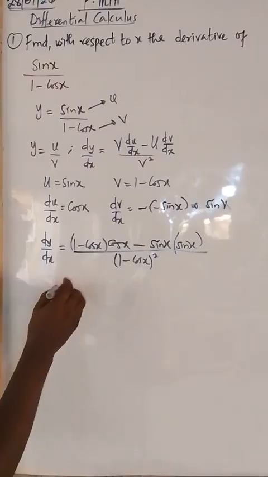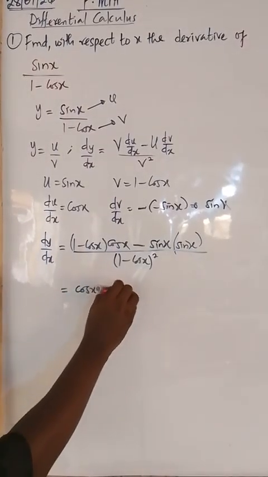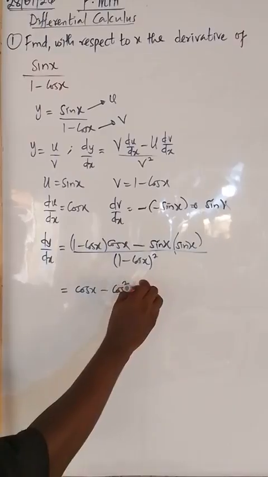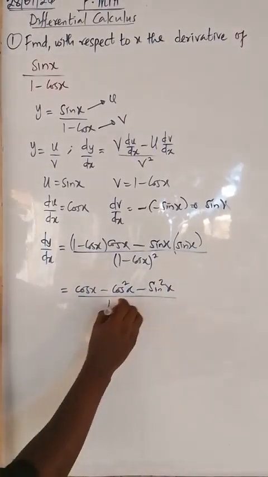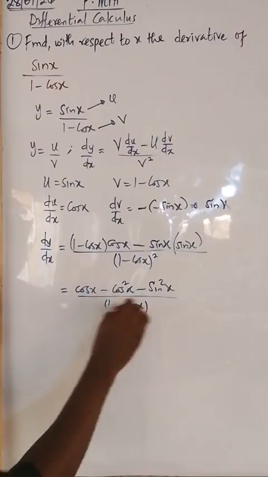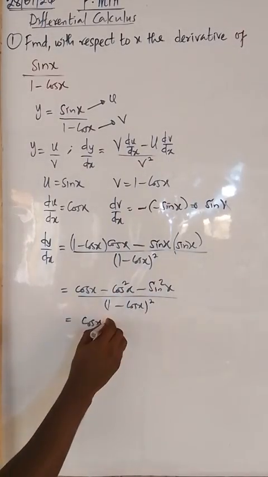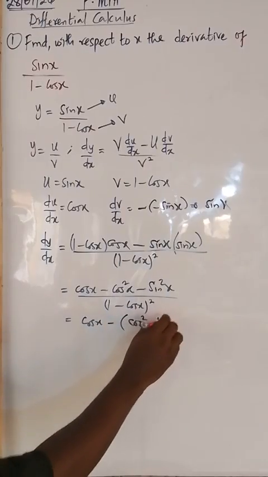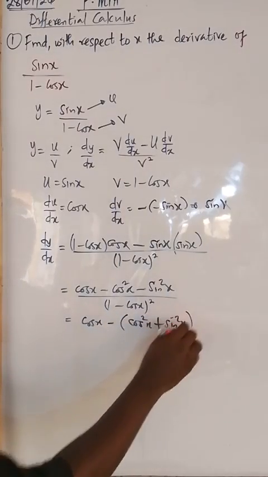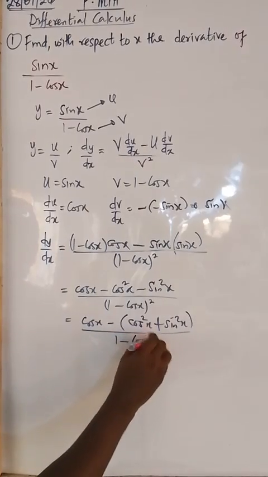If you expand, that will be cos x minus cos square x minus sine square x over 1 minus cos x all squared. Minus is common here: cos x minus cos square x plus sine square x over 1 minus cos x all squared.